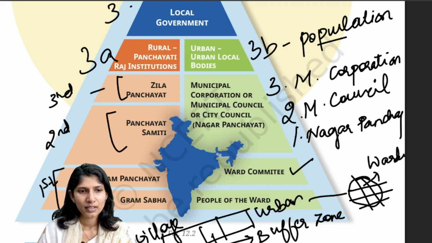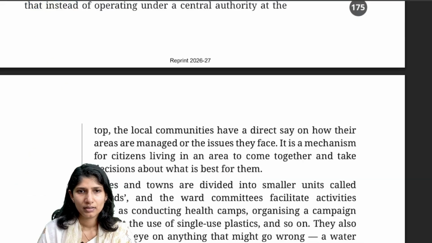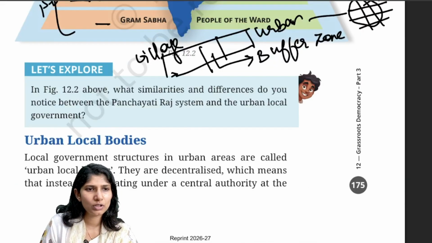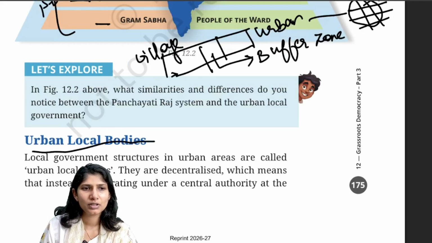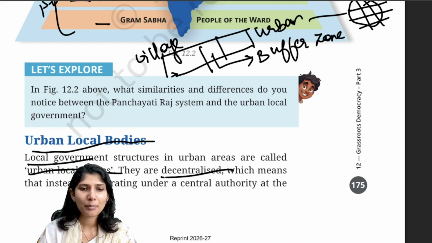Okay, now with regard to urban local bodies, the government at the local level is called urban local bodies. They are decentralized in nature, which means the authority is coming from the local communities and not coming from your upper level.